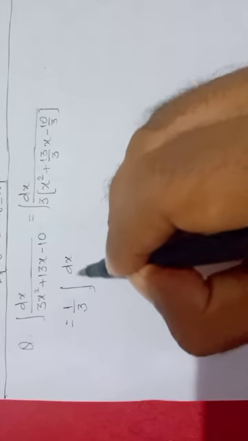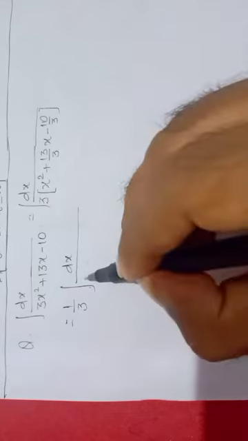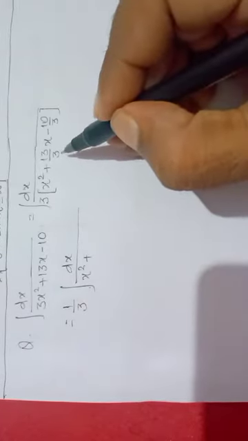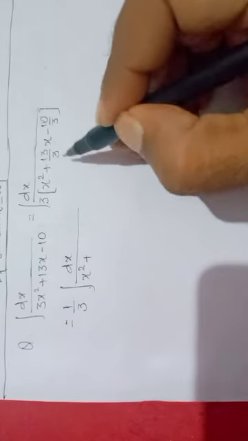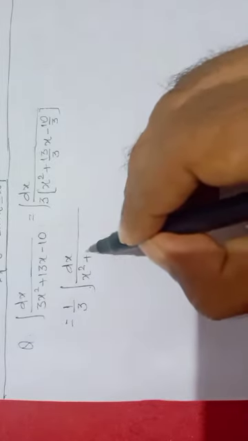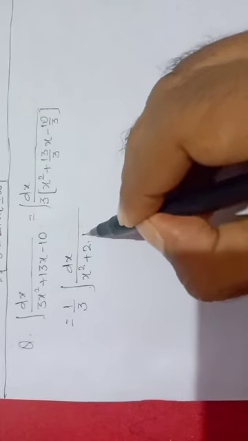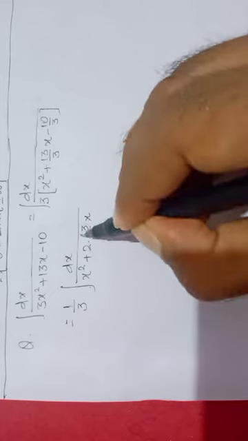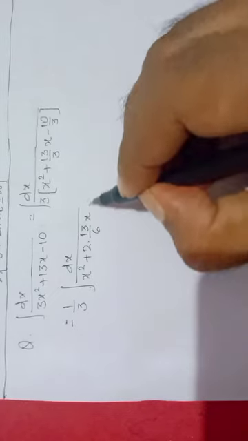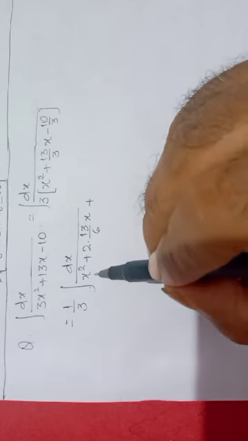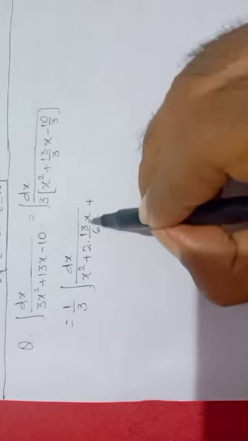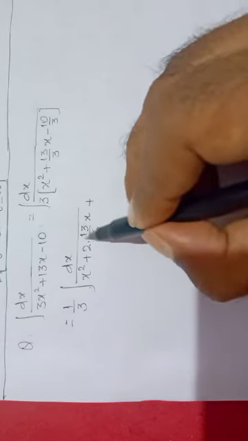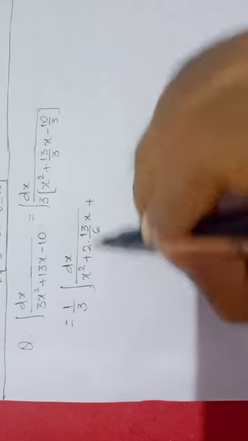dx upon x square, rationalize the middle term by 2. So we should write 2 into 13 by 6 into x, and see, according to the formula x square plus 2xy plus y square, the next term should be the square of 13 by 6 to make it a whole square.